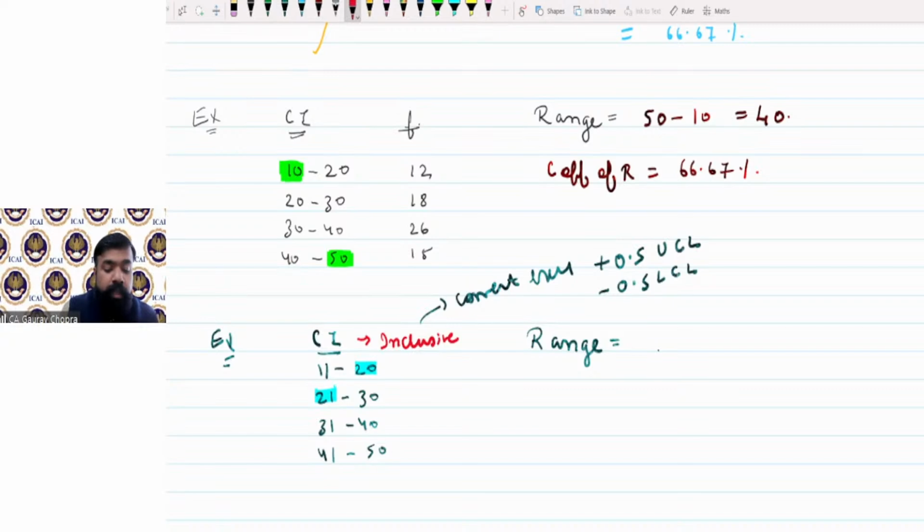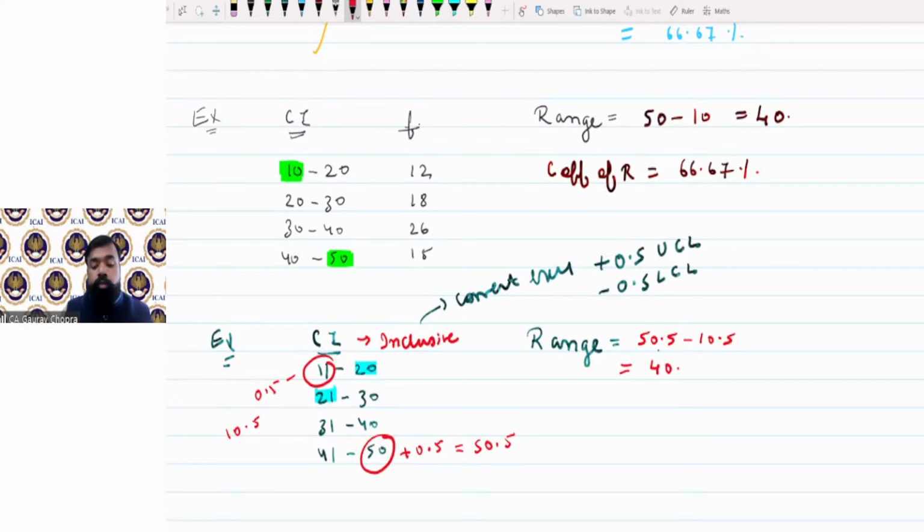Therefore, we will convert the lowest and highest values only. Adding 0.5 to 50, we get 50.5, and subtracting 0.5 from 11, we get 10.5. Therefore, the range will be 50.5 minus 10.5. So the result will be 40.